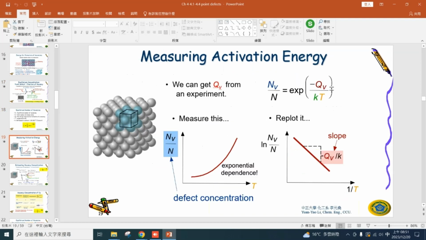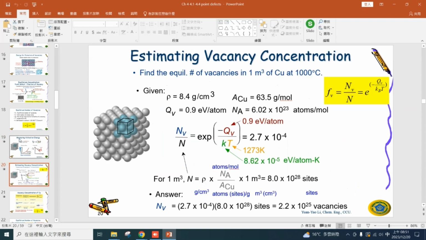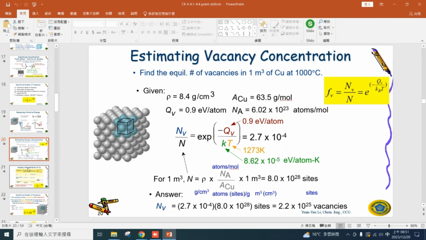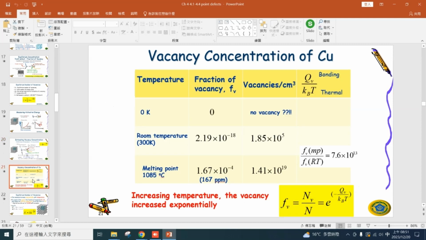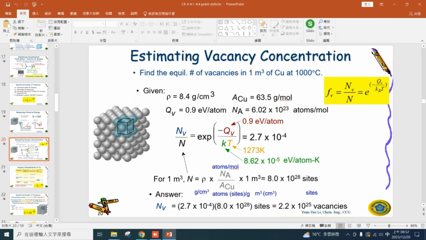According to this equation, we will be able to find out the activation energy using this plot. As long as we find the slope, we will be able to know the activation energy. And there are some cases for you to understand how to use this equation.